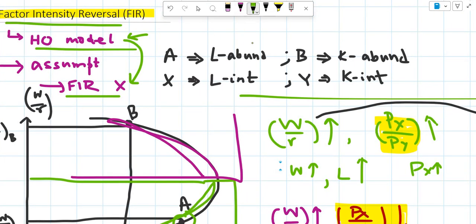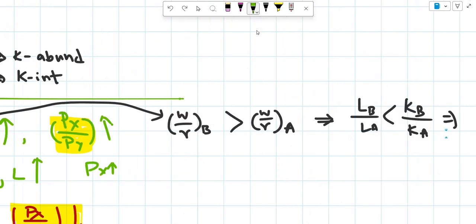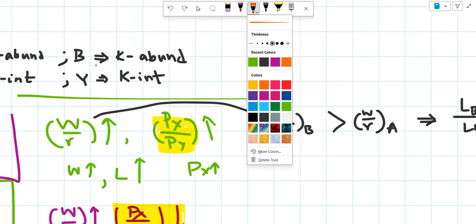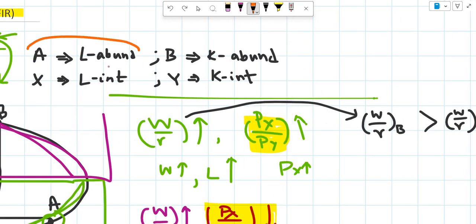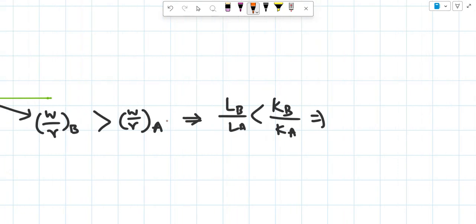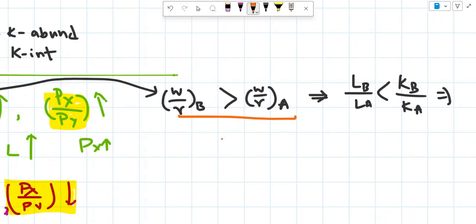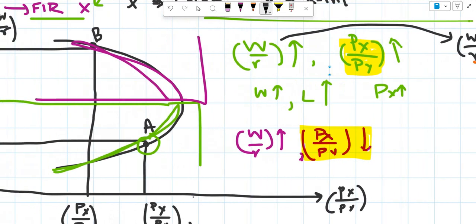Let me use a different color. So A is labor abundant, and they are showing it here. Let's check this side.